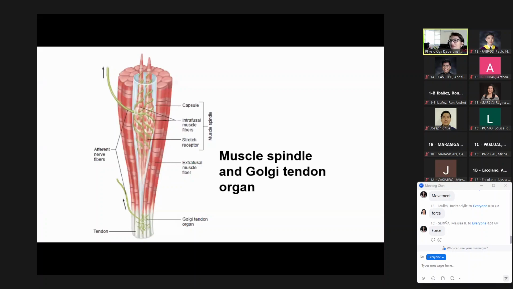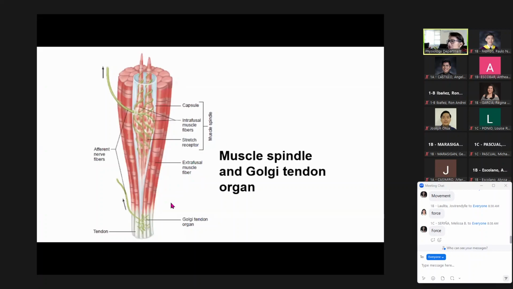So if your extrafusal muscle fibers are stretched, your muscle spindles are also stretched. That's actually the stimulus for your muscle spindle, the stretch of the muscle. Kaya ang sagot dun sa concept check question natin kanina, stretch of the muscle.